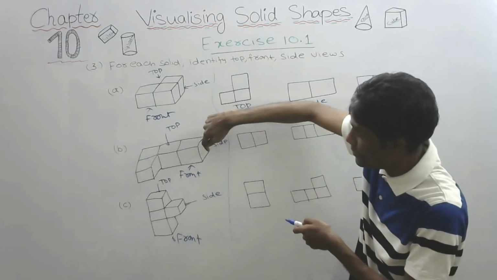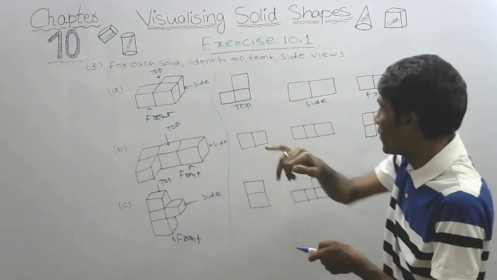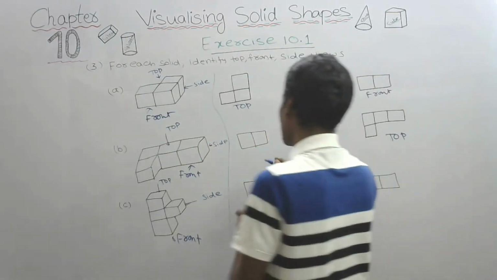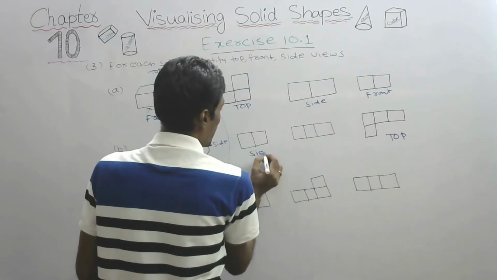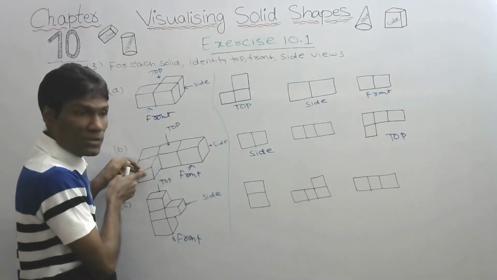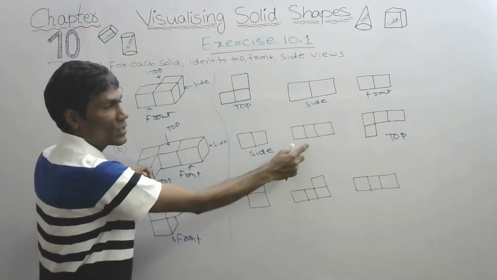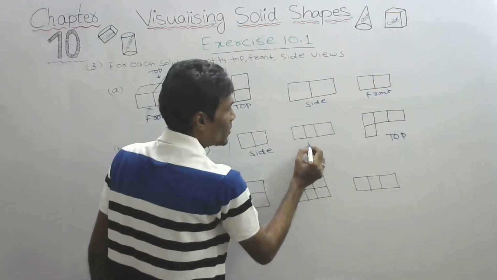This square and this square. So 2 squares are visible. So this is side view. And front view: this one is visible and side 2. So this is front view.